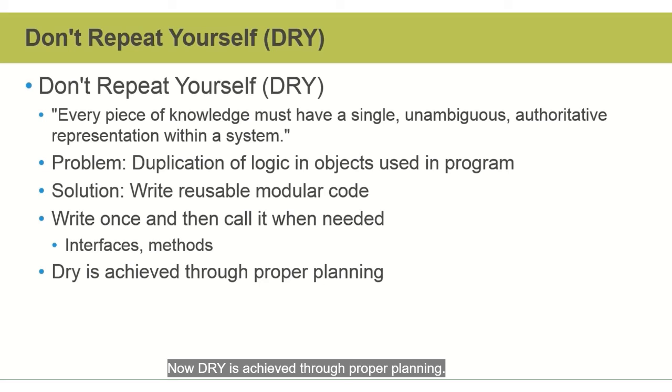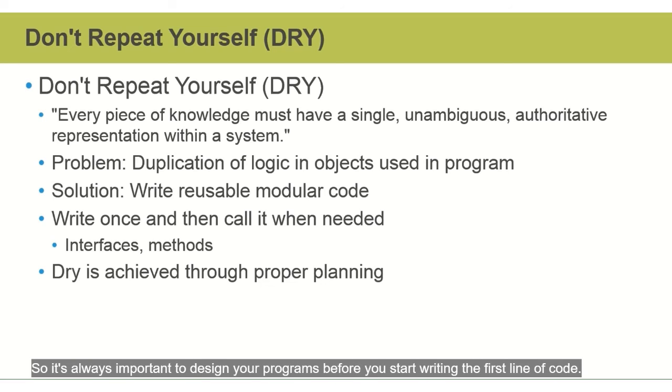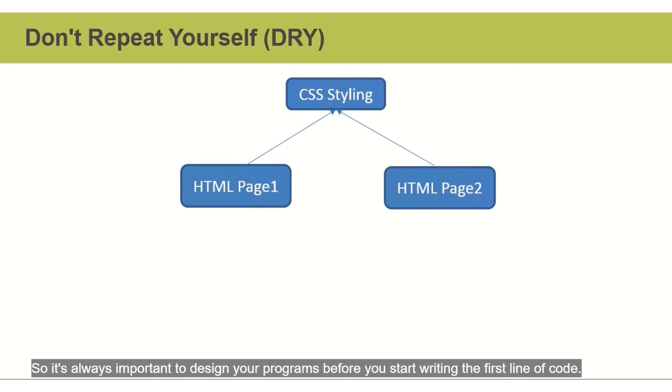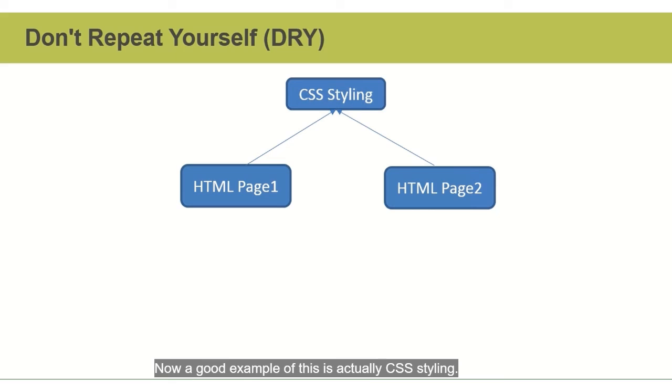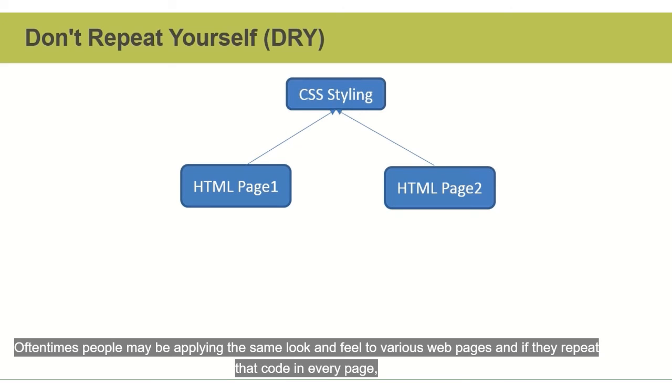Now, DRY is achieved through proper planning, so it's always important to design your programs before you start writing the first line of code. A good example of this is actually CSS styling. Oftentimes, people may be applying the same look and feel to various web pages, and if they were to repeat that code in every page, that's quite inefficient, and if you need to update the look and feel, then you need to change code in every page.